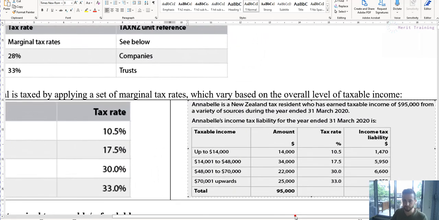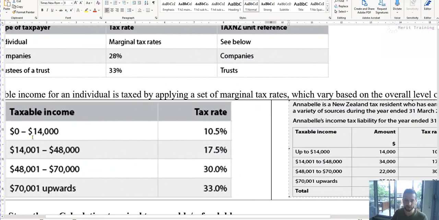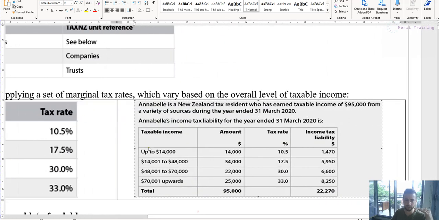So we've got this tax resident who's being paid $95,000, and obviously $95,000 is higher than all of these different categories. What that means is we need to look at each of those categories, calculate the tax liability for that category, and add up all the different tax liabilities. As you can see here, their income of $95,000 is higher than $14,000.